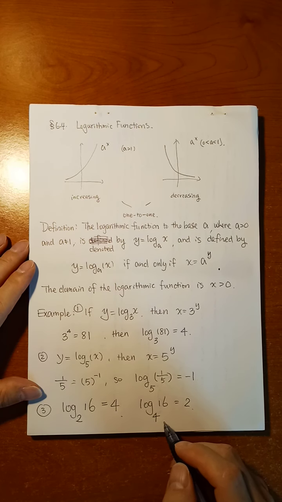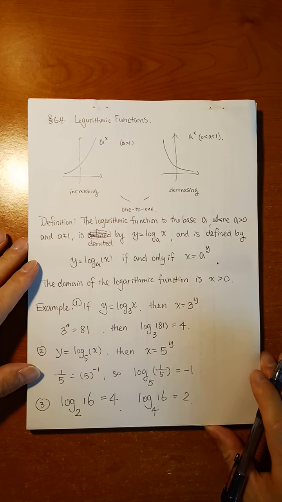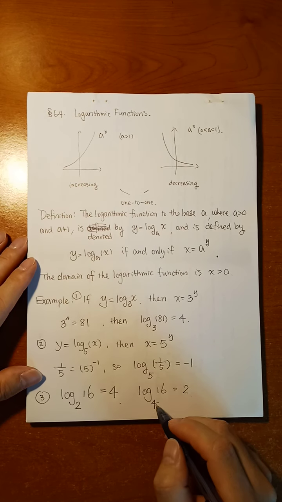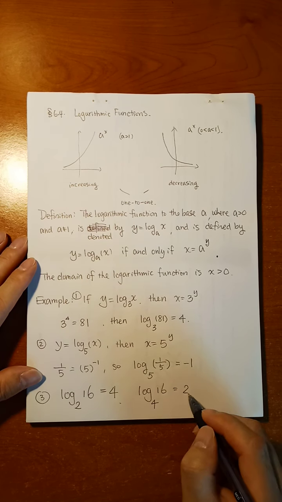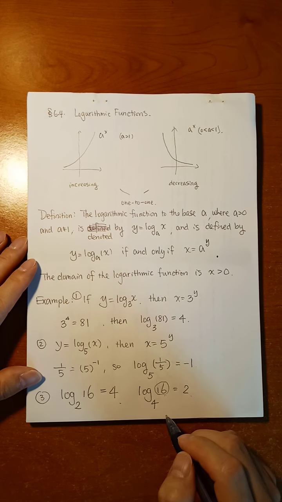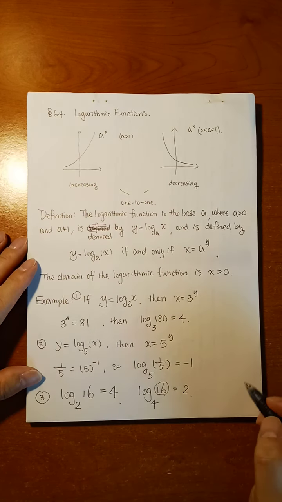So for different bases, you have different values. What we do is check what is the corresponding power for this value to the base. So that is a logarithmic function.